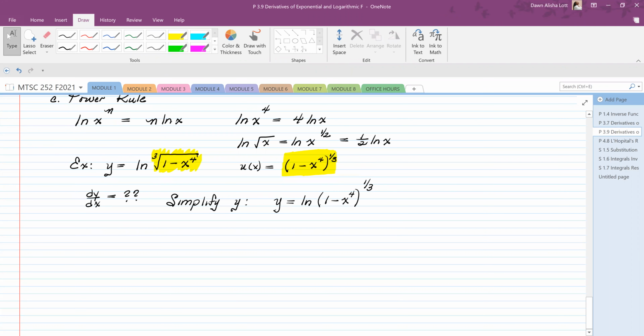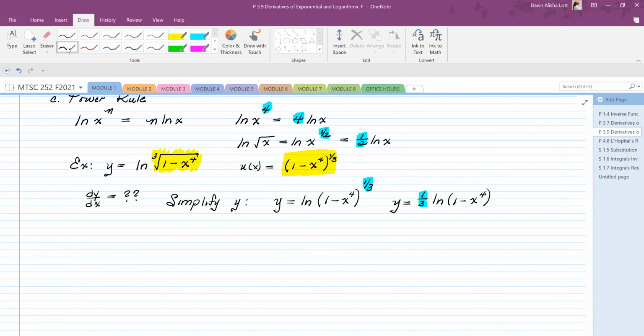Therefore I can write y is 1/3 the natural log of 1 minus x to the 4th. Wow, does that make life so much better? I can take this exponent here and bring it down as a coefficient.